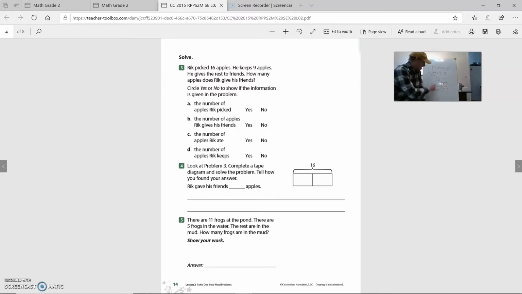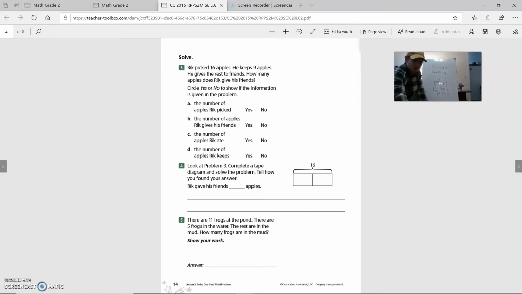So we know that in our tape diagram, 7 goes here. Question though, could you have done this problem with addition? Yeah, you could. You could have added 7 and 9. So another number sentence you could have written was 7 plus 9 is equal to 16. Any of those would have worked.